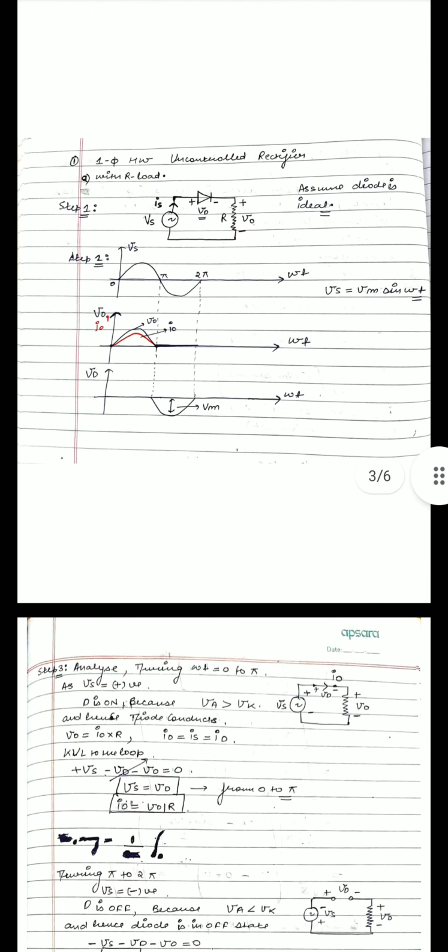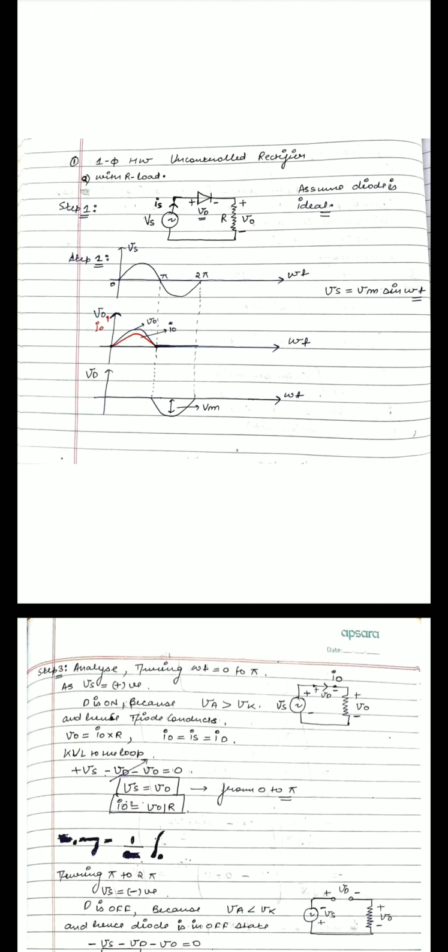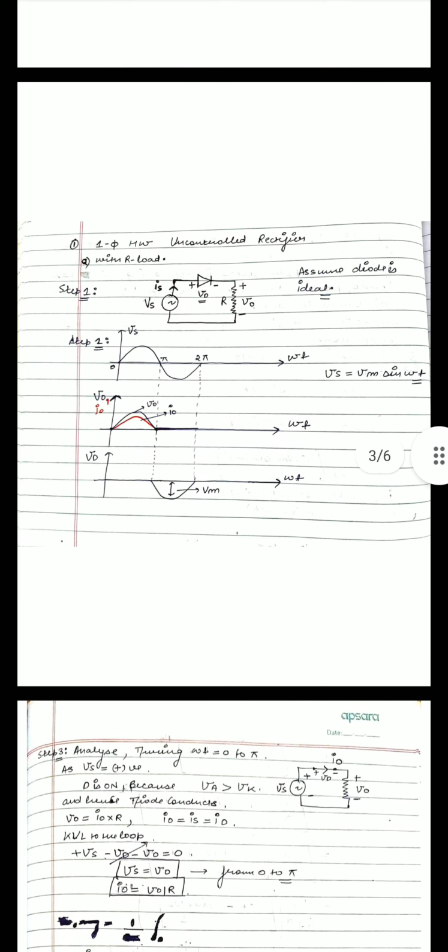As we can see from the supply voltage waveform, from 0 to pi, Vs is positive. And as I've already said, whenever diode sees that its anode voltage is more positive than cathode voltage, then the diode will conduct.